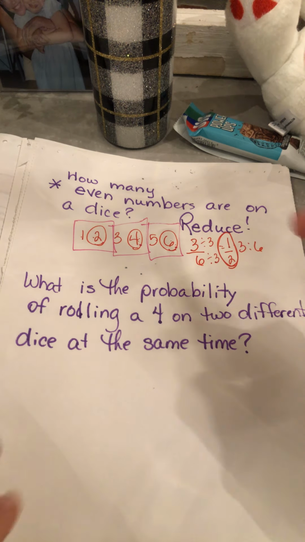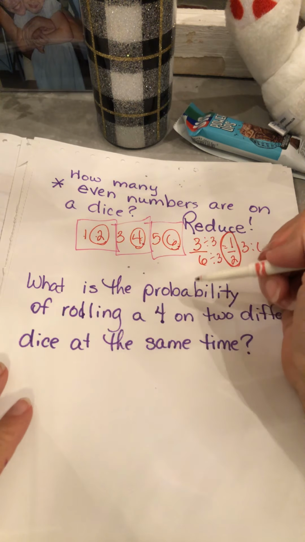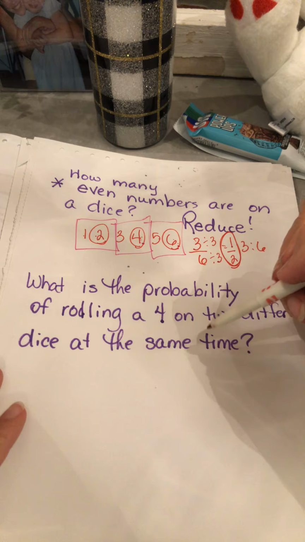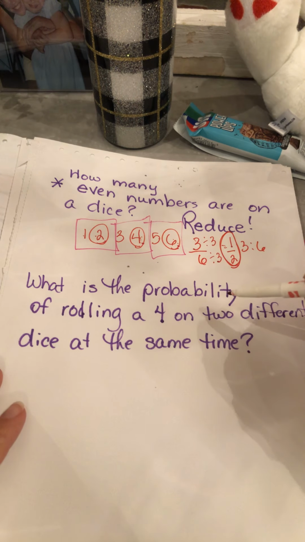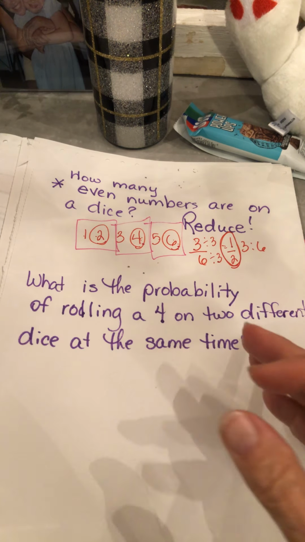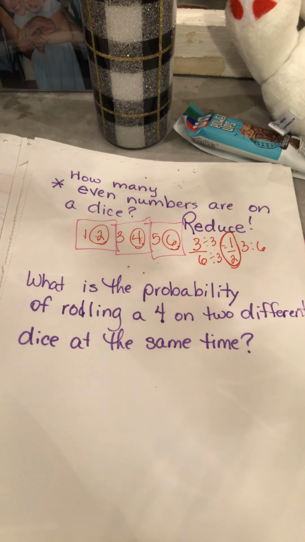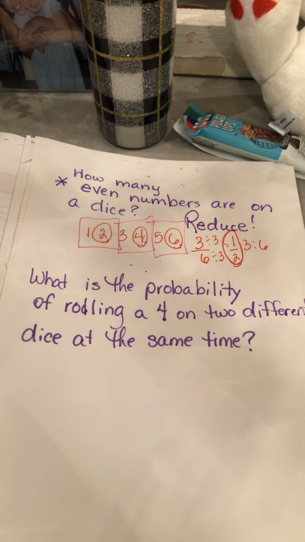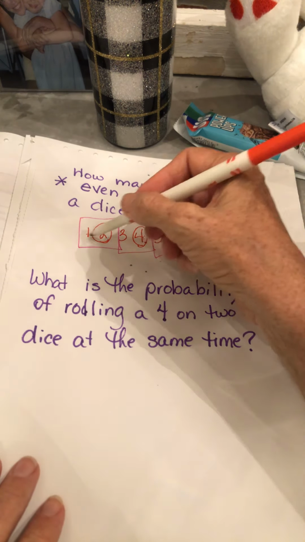All right, this next one was also on the test that a lot of people missed. What is the probability of rolling a 4 on 2 different dice at the same time? So I take 2 dice and I roll them. What's the probability of me getting a 4 on this dice and a 4 on this dice? Well, let's talk about it. What's the probability of getting a 4 on a dice? Well, we talked about it up here.